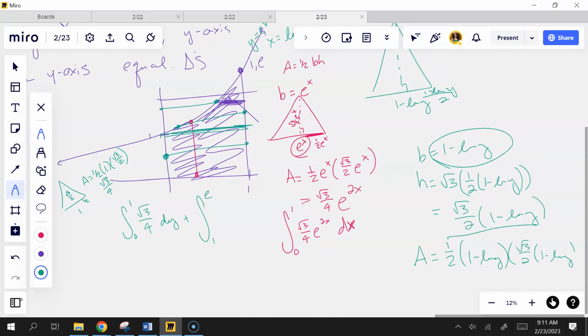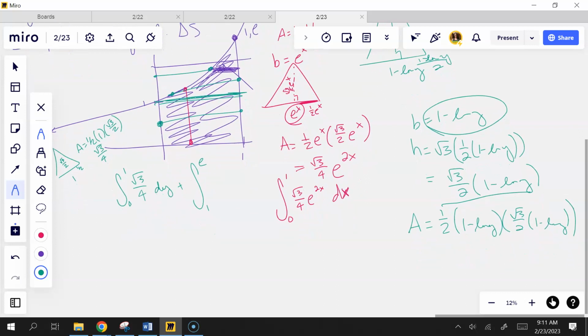And this is where, if you were following my work on that little piece of notebook paper, I squared these and multiplied these two together. So I got square root of 3 over 4 and then 1 minus log y squared. That's the area of my triangle.